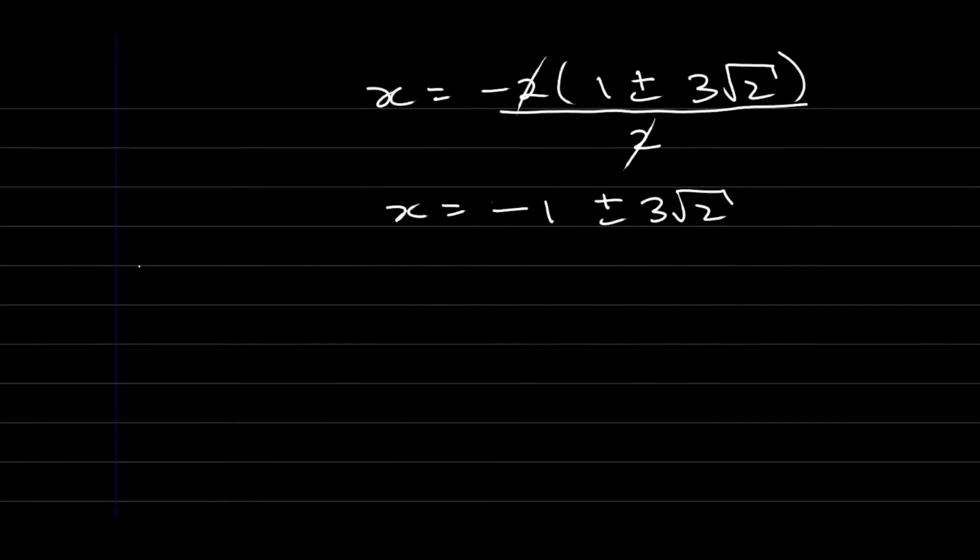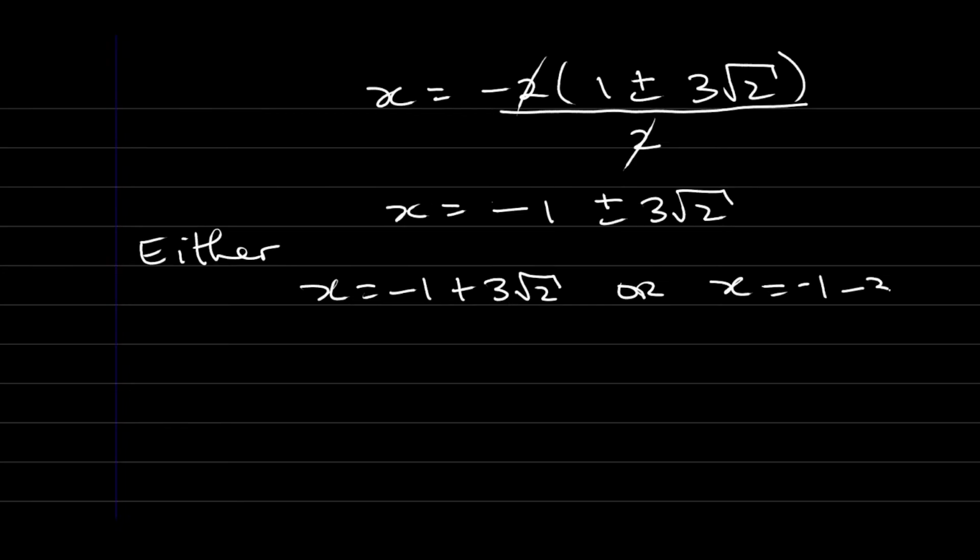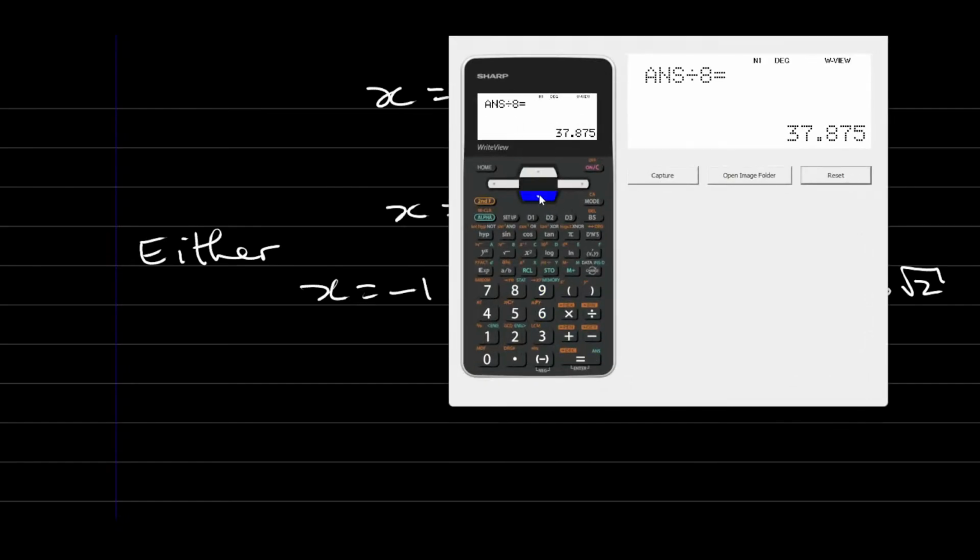So now, either the answer is x equal to minus 1 plus 3 root of 2, or the answer is x equal to minus 1 minus 3 root of 2, right? So it's either one or the other or both. And let's use a calculator to try and figure out which one is which.